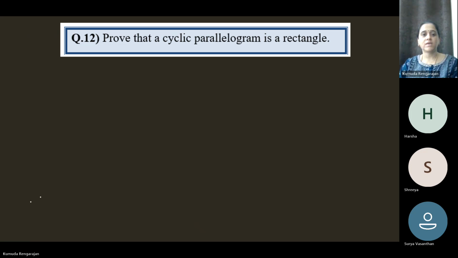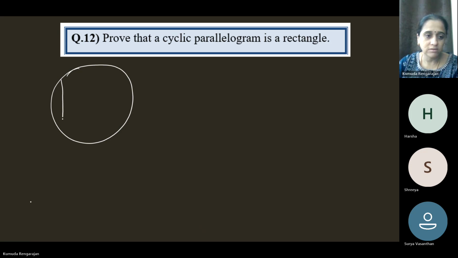All right. Prove that a cyclic parallelogram, so it's a cyclic quadrilateral and also a parallelogram, is a rectangle. If you draw the figure, it looks like a rectangle, ABCD.